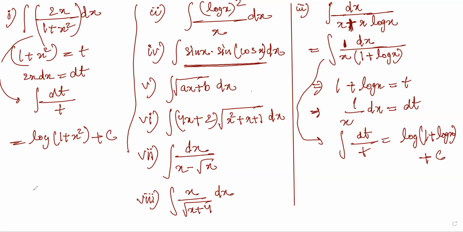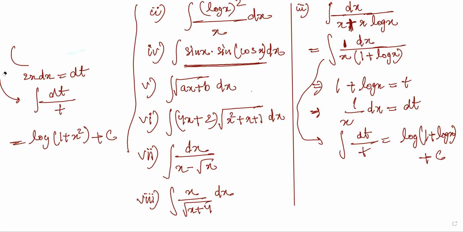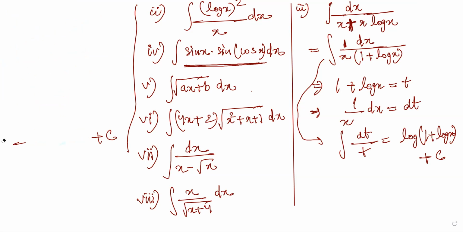So if you put cos x as t, you get minus sin x dx as dt, which means that sin x dx would become minus dt. So this would be, I'm writing it directly, minus sine of t into dt.